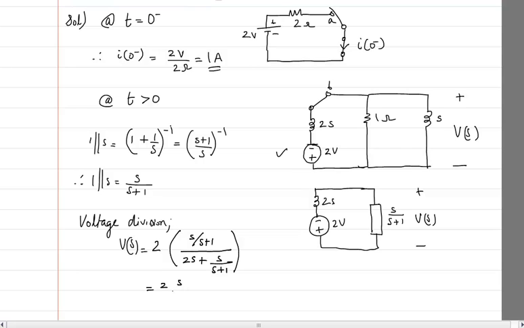The S plus 1 and S plus 1 will basically cancel off once I do the cross multiplication. Cross multiplication is 2S square plus 2S plus S, which actually comes out to be 2S divided by 2S square plus 3S, from which S can get cancelled. So I will get 2 over 2S plus 3.